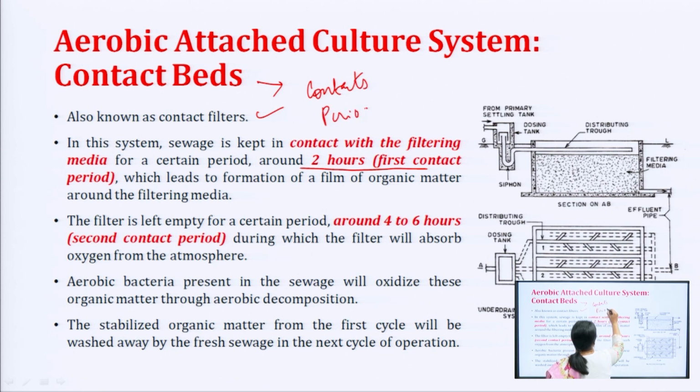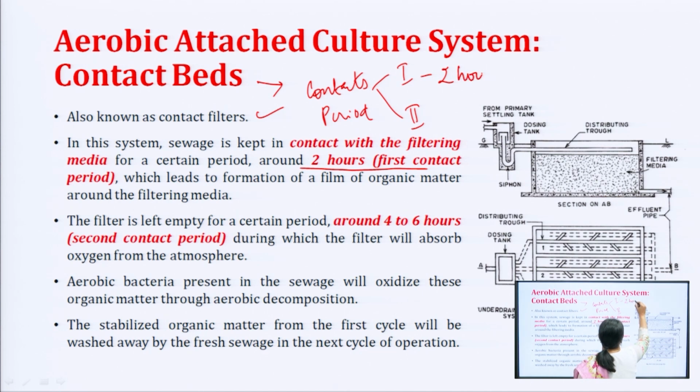There are 2 contact periods, 1 and 2. In the first contact period, you keep it for 2 hours, remember it. This leads to the formation of a film of organic matter around the filtering media.